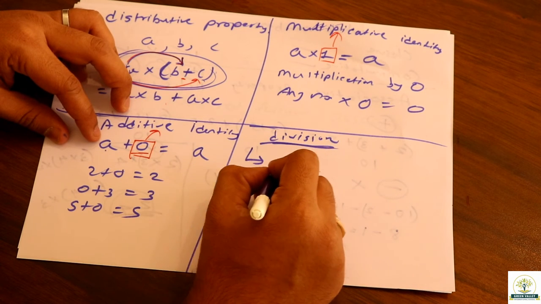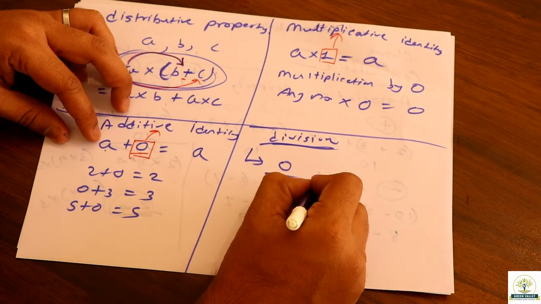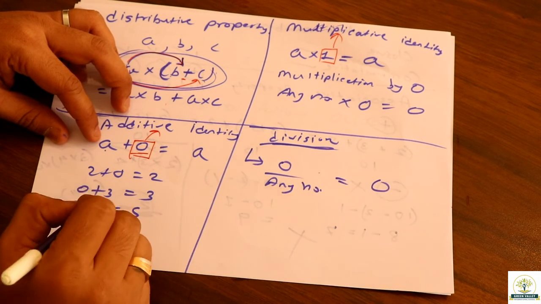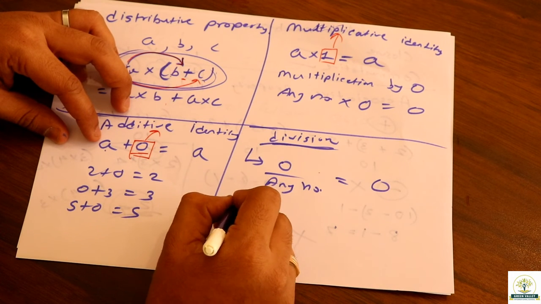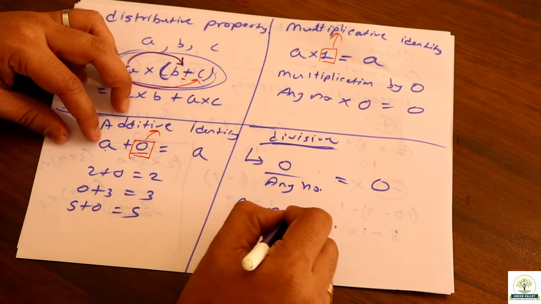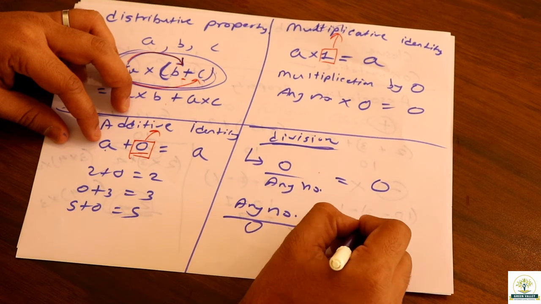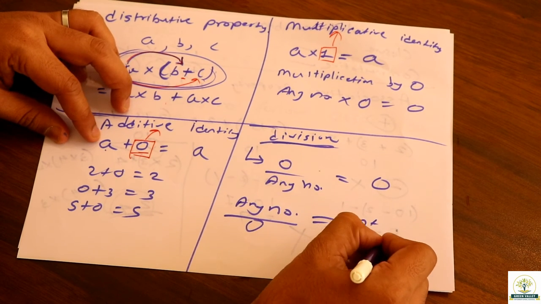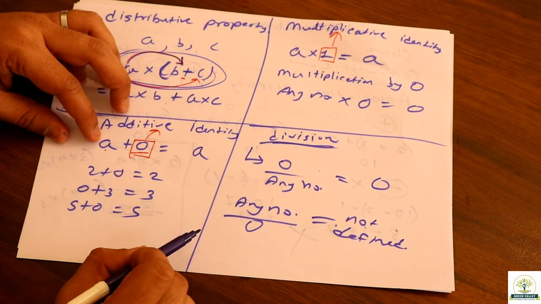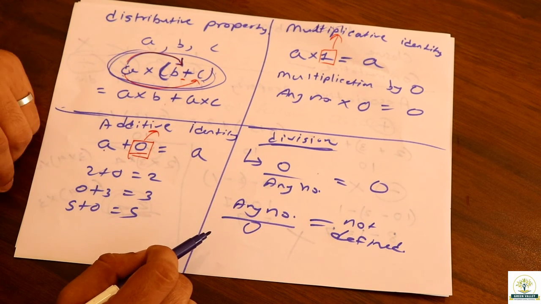Always remember, 0 divided by any number, the answer is 0. But any number divided by 0 is not defined, because we can never divide any number by 0.